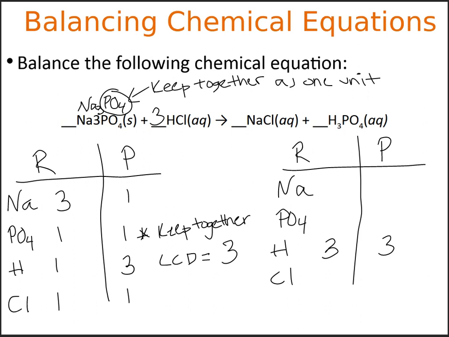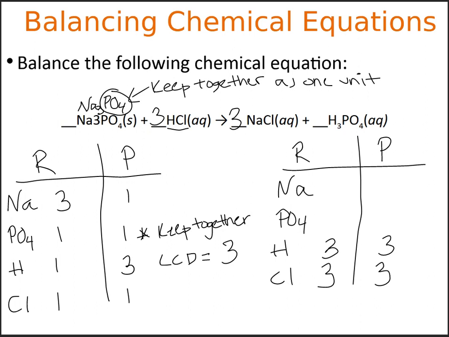That's staying the same. Now that I have multiplied the 3 times the hydrochloric acid, I now have 3 ions of chlorine. So I have to fill that in over here. If I have 3 over here on the reactant side, I need to have 3 on the product side. So I fill that in on my chart.